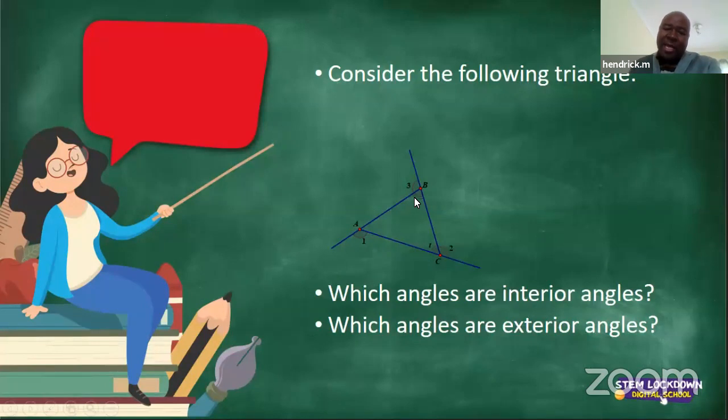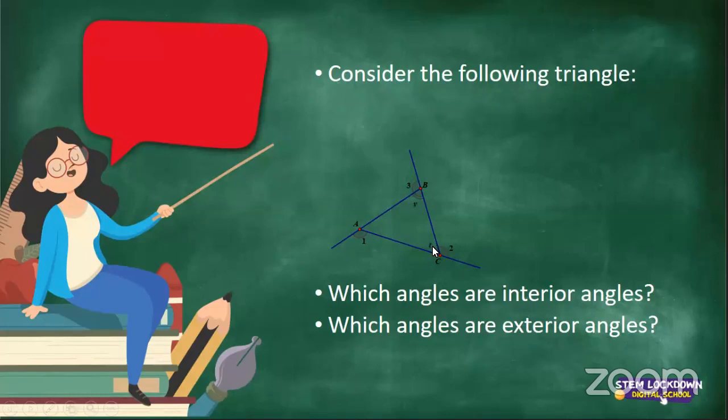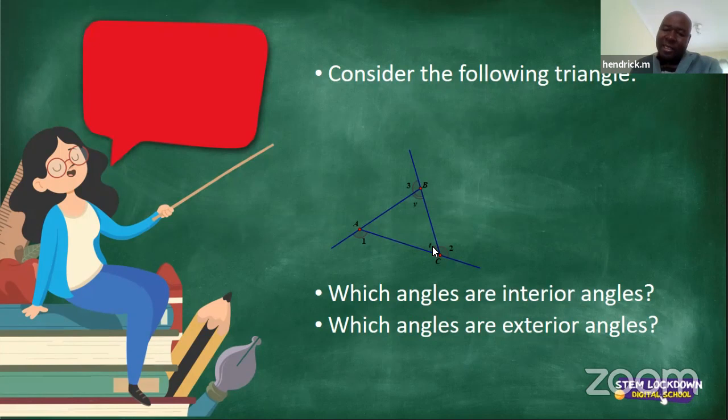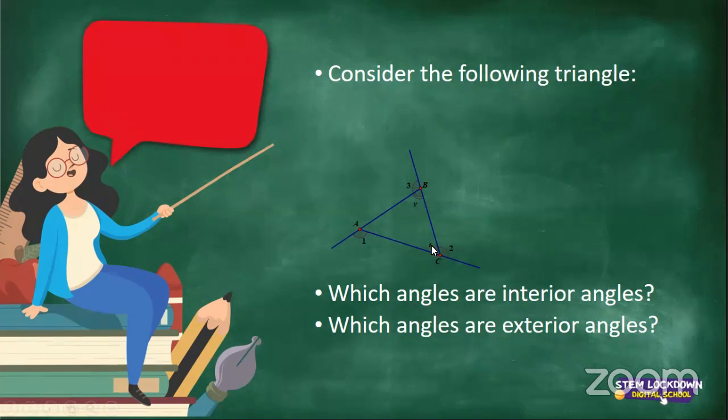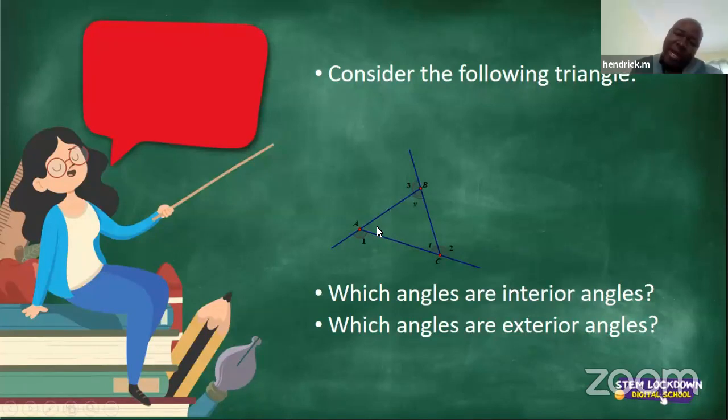Y is inside this triangle here, as well as T. Can you see? So we have got only Y, T, and of course the angle at the corner there, we call it angle BAC. This angle which is next to 1 is the adjacent angle.